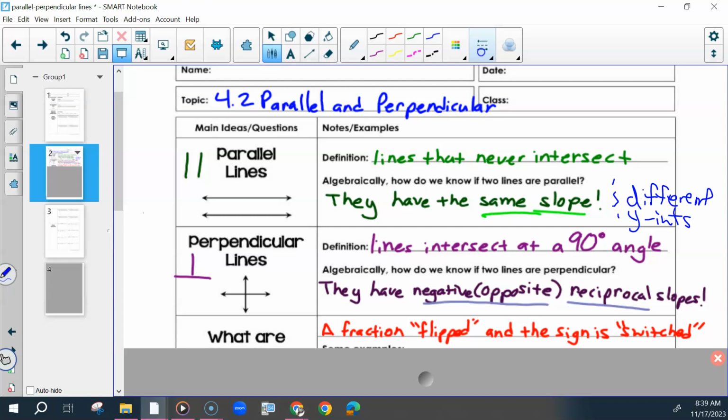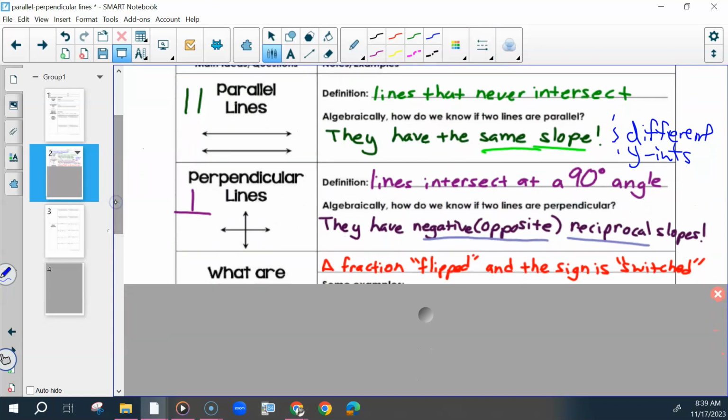And then the definition of negative reciprocals, a fraction that's flipped and the sign is switched. So if it was positive, now it's negative. Whatever the number is, you flip it upside down. If it was a whole number, remember that whole numbers are over 1.